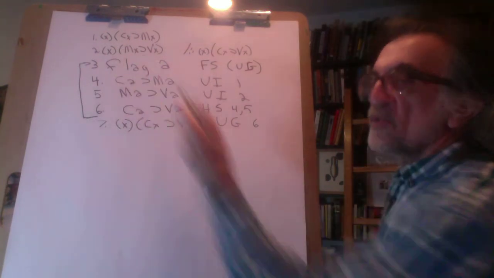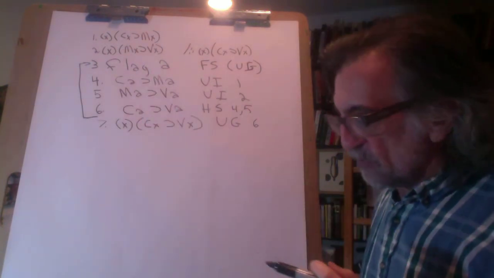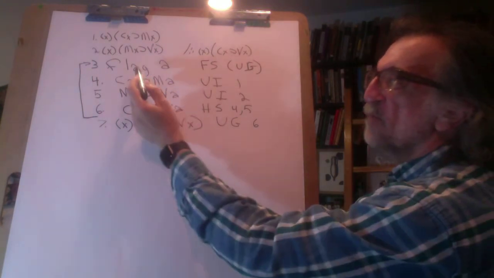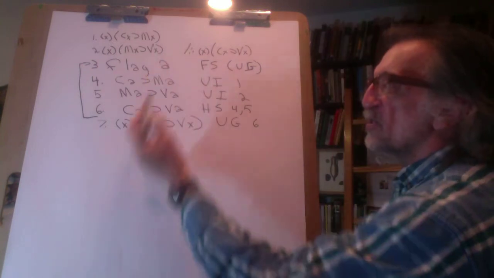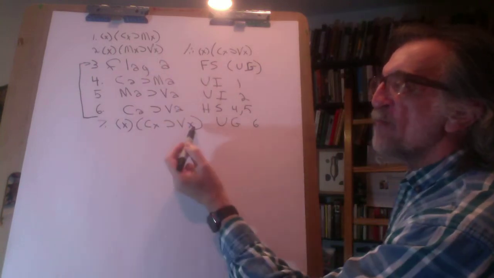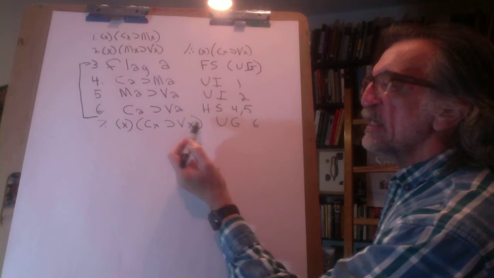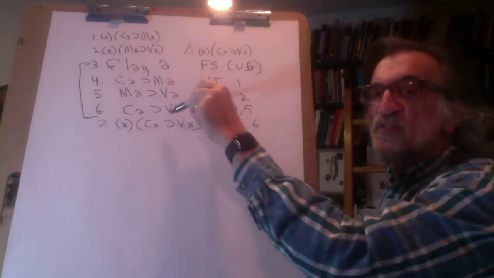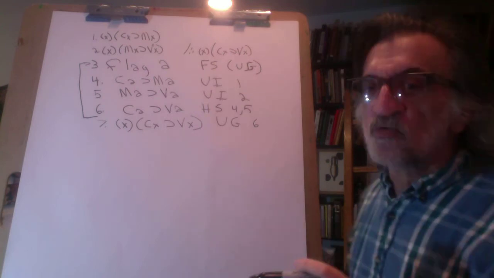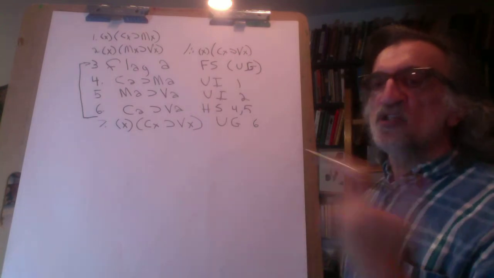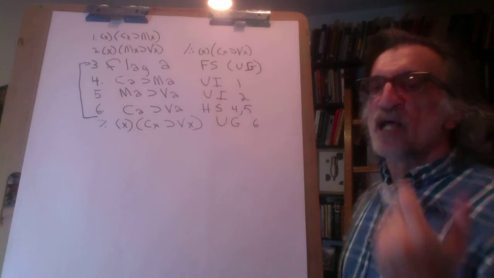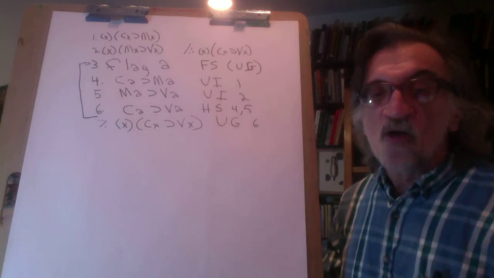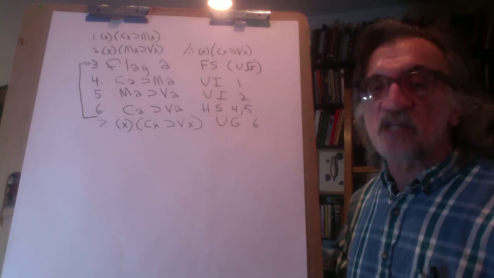We mark off the subproof, much as we mark off the limits of conditional proofs. We mark off the subproof, or we discharge the original assumption. And now we're back to saying all C's are V's, okay? We moved into propositional logic, applied the logical rules that we knew, and then generalized. To generalize is to go back into the language of x's and y's with for all x and there exists x.